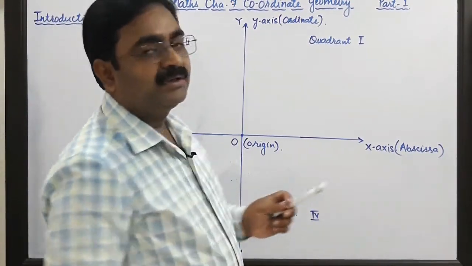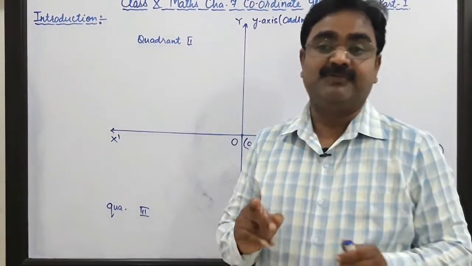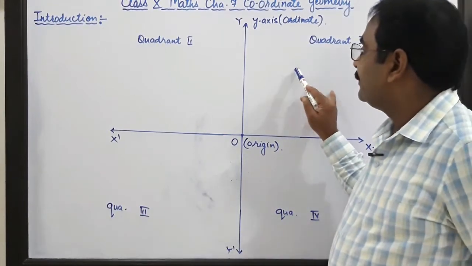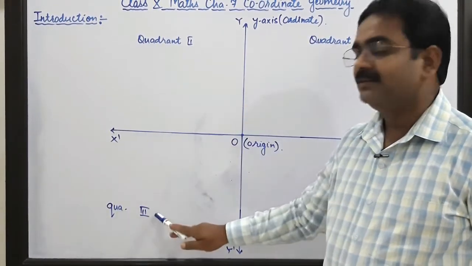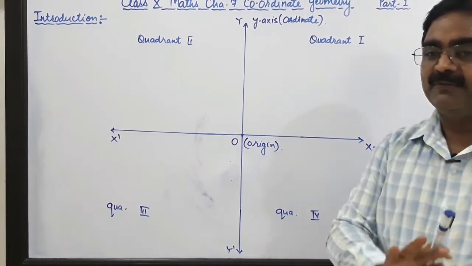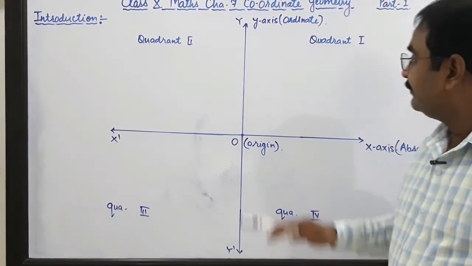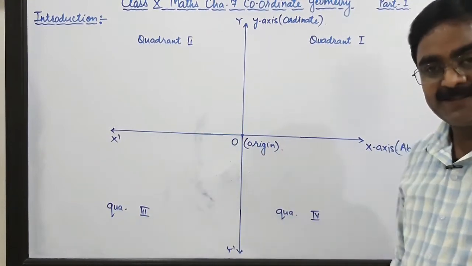So a total of 360 degrees it revolves. Right? These 4 quadrants we are getting with these 2 axes.